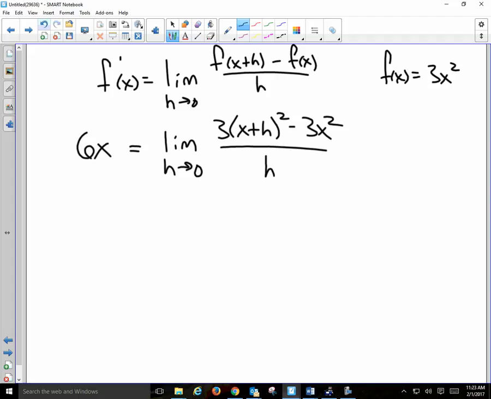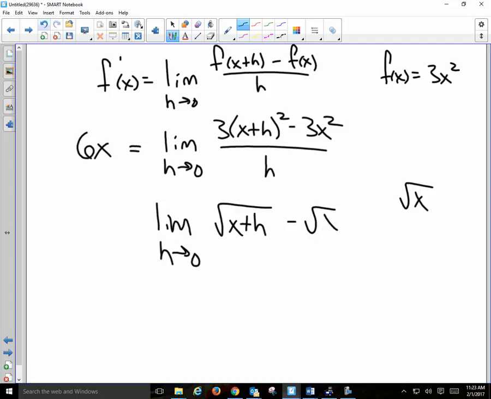Give me another one you know the derivative of. How about the root of x? The limit as h goes to 0 of the root of x plus h minus the root of x, all over h, what will you get? 1 over 2 roots of x. I'll do one more.